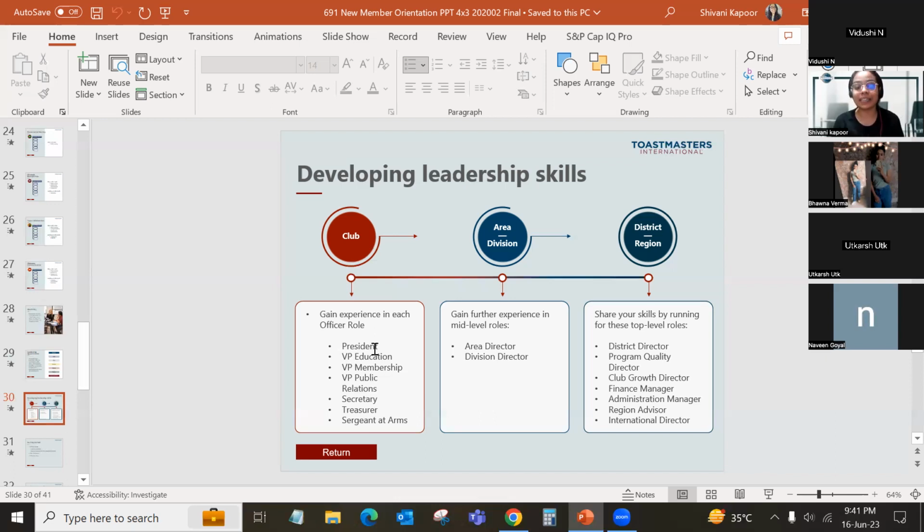The President, like the name suggests, is the rank one officer of the club, and makes sure that all the EC members are doing their job well. The President works closely with VP Education and VP PR, ensuring that all the major roles are taken care of well. If any EC member is facing any challenges, the President will definitely be one person they reach out to for help, right?